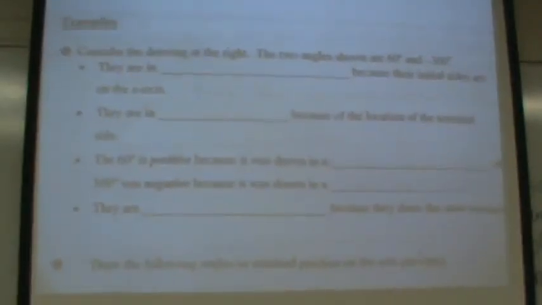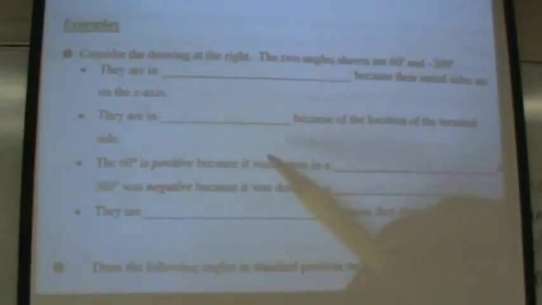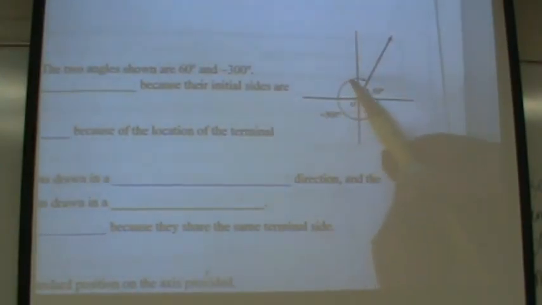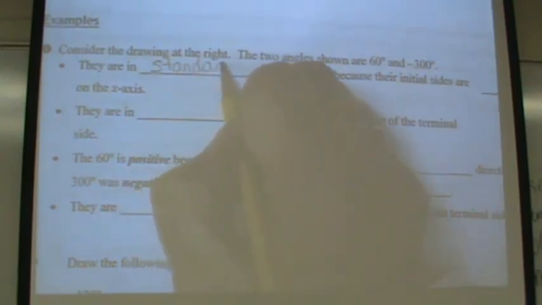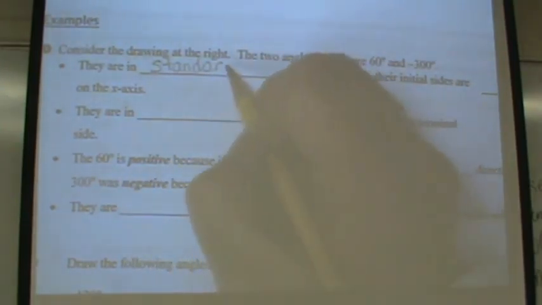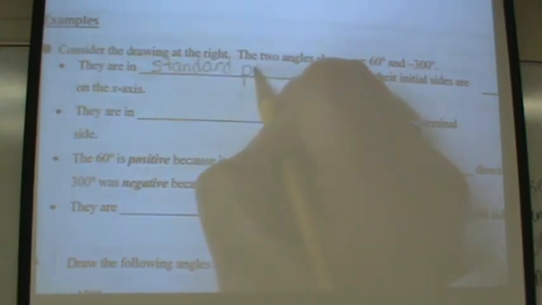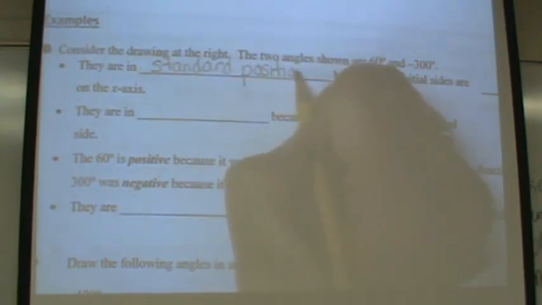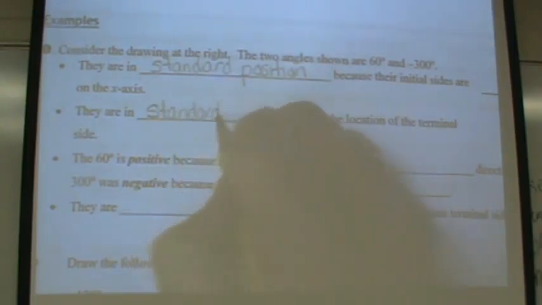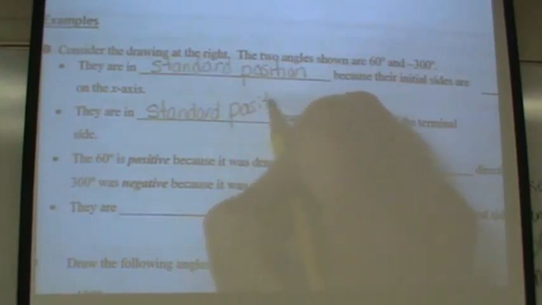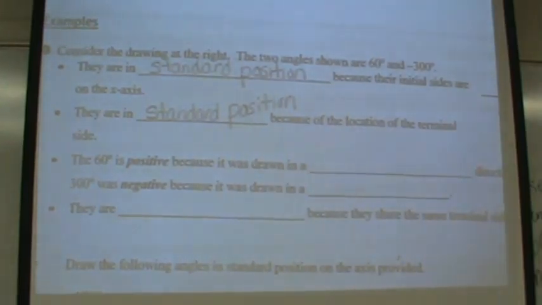I want you to start right here. Look at these two angles here. This 60-degree angle and this negative 300-degree angle are both in standard position, because their initial sides are on the x-axis.